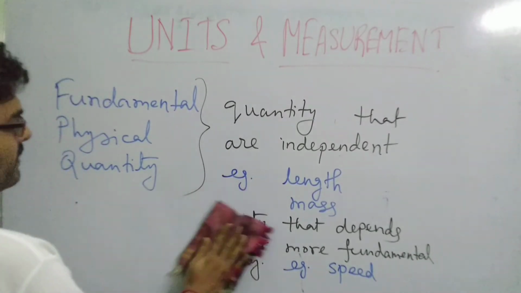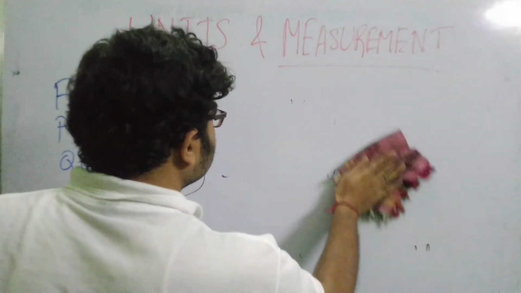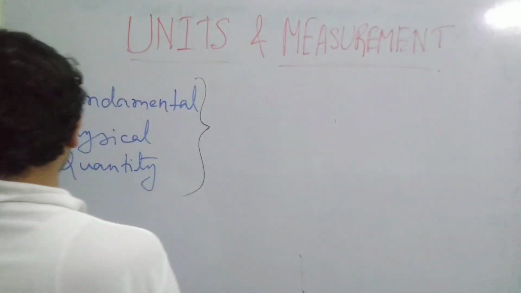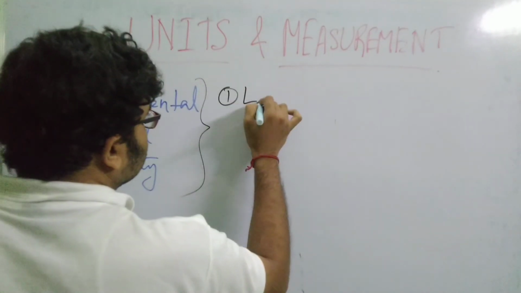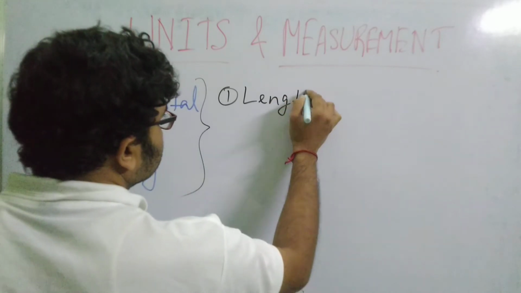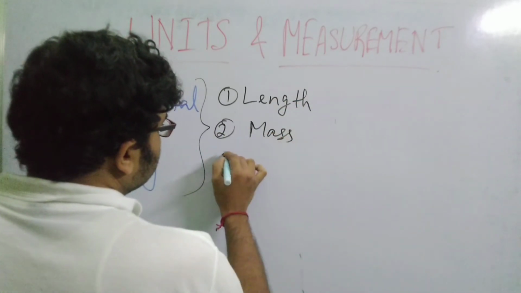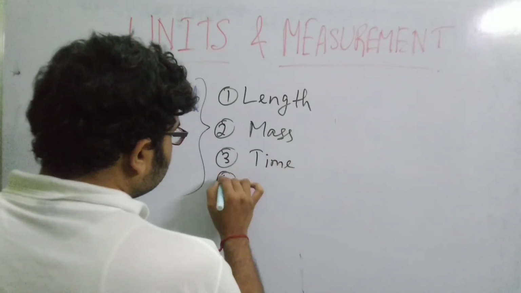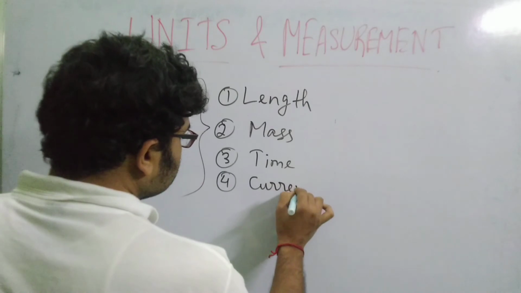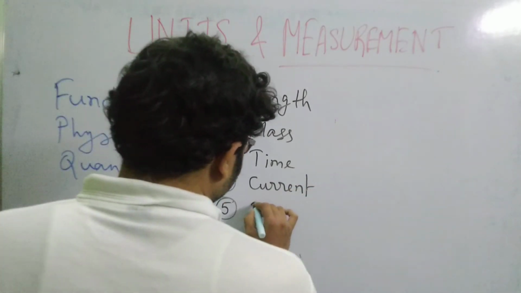So what are the fundamental physical quantities? Let me list them out. First one is obviously length. Second one is mass. Third one is time. Fourth one is current. Fifth one is temperature.